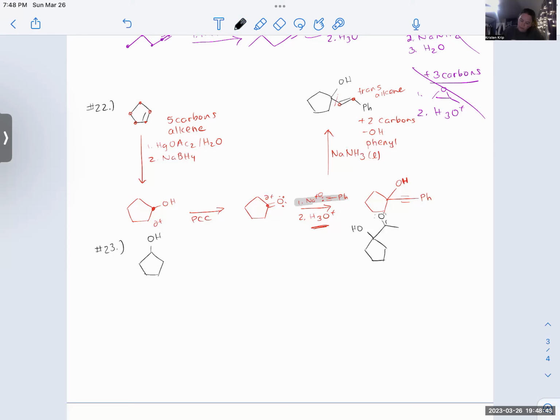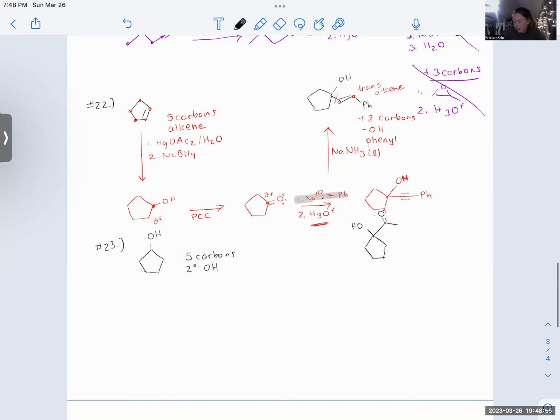So we start with 5 carbons and a secondary alcohol, and we end with 7 carbons. We still have an alcohol group, although it's sharing that carbon now with another structure. We've got this ketone.